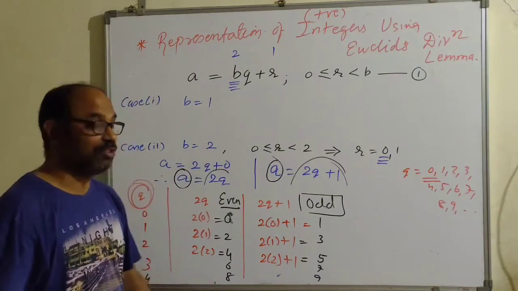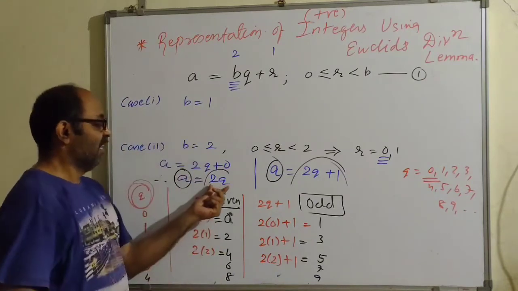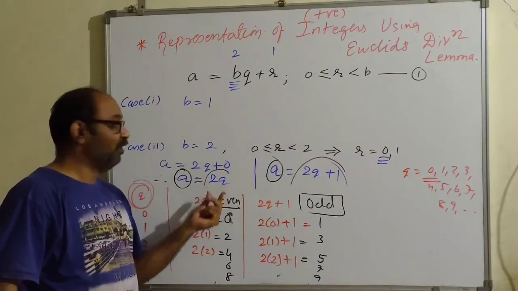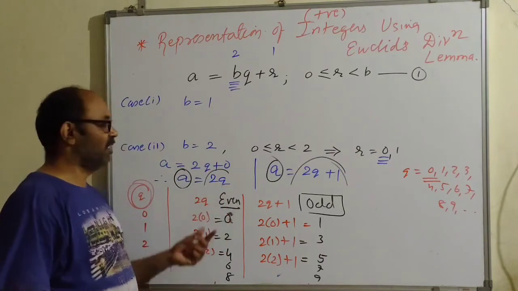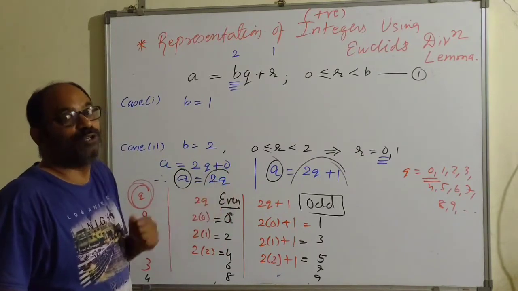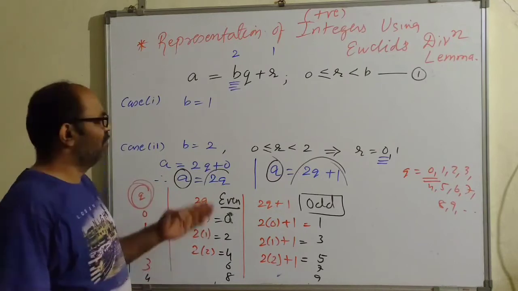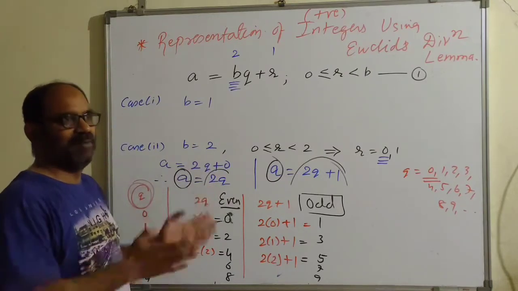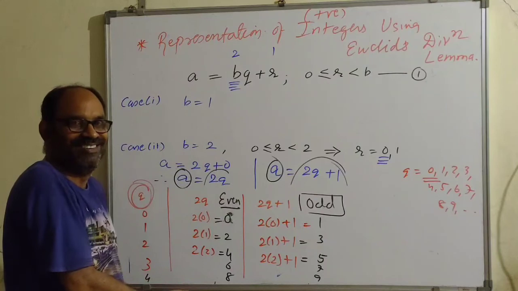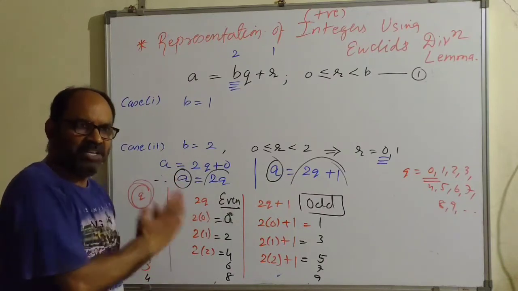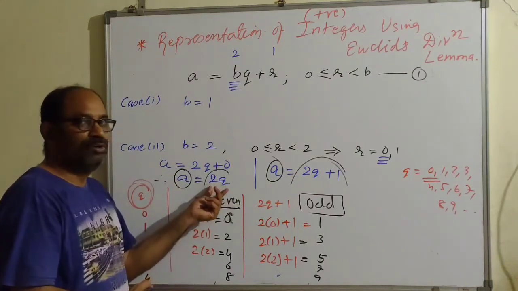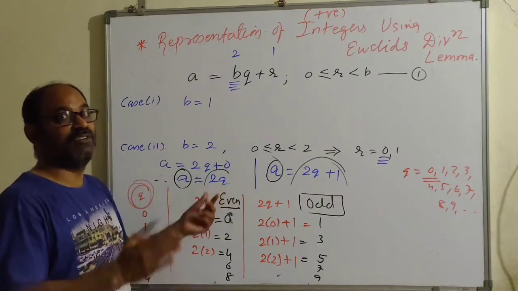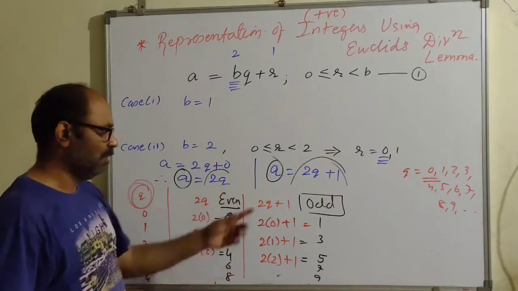So remember, this is the basic expression which shows the integer is even. Which is the basic expression? 2Q. 2Q means what? Multiple of 2, and every multiple of 2 is an even number. So please remember, 2Q is the basic expression for even numbers.